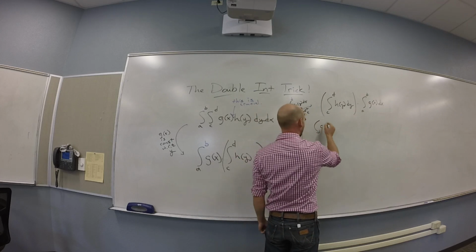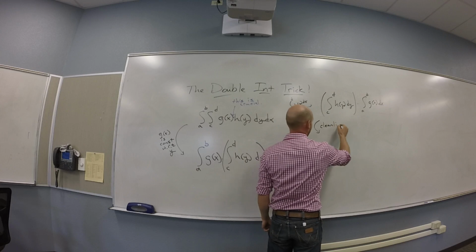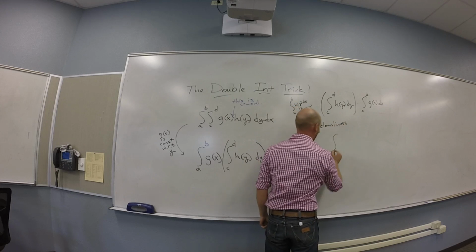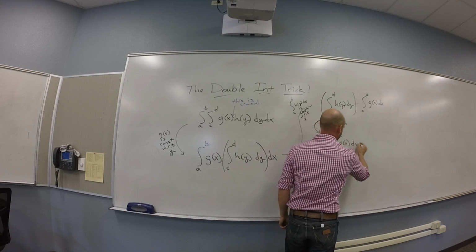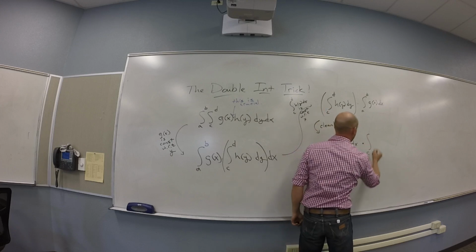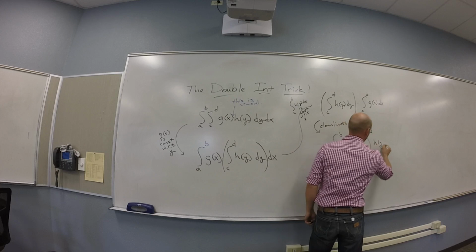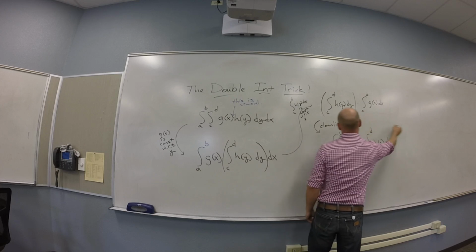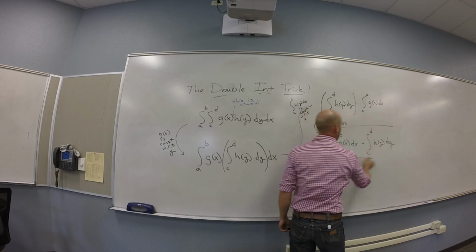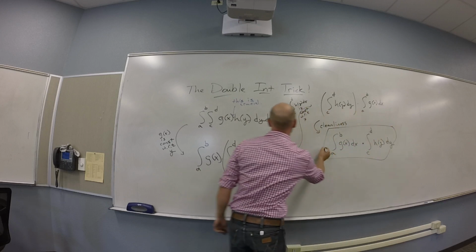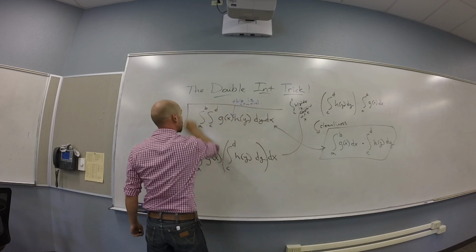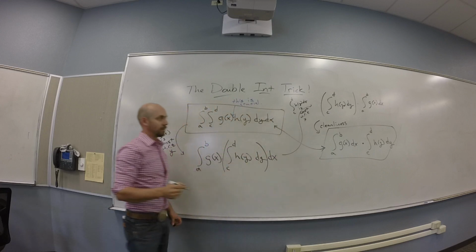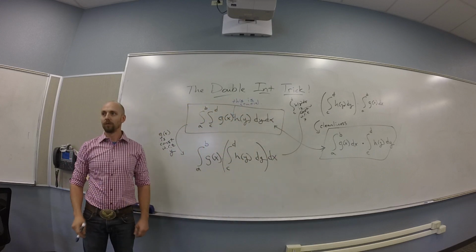And then just for cleanliness, we'll write that as the integral from a to b of g of x dx times the integral from c to d of h of y dy. Okay? This thing goes with that thing at the beginning. Cool.